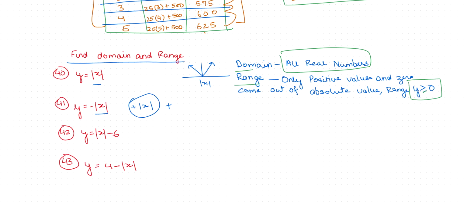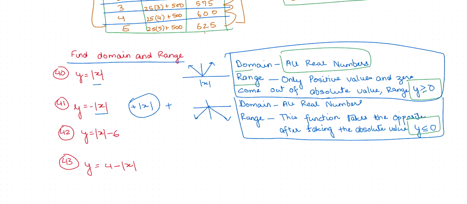The graph will be turned upside down like this. Okay. So the domain will be all real numbers and the range will be y less than or equal to 0.